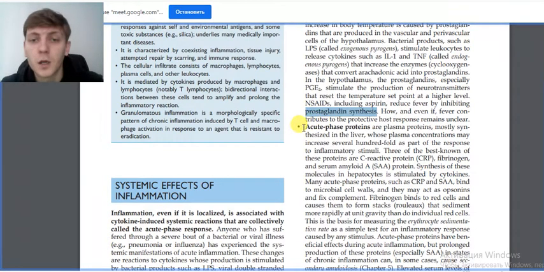Okay, acute phase proteins. Acute phase proteins are produced first of all by the liver, and they are also part of the response to inflammatory stimuli.